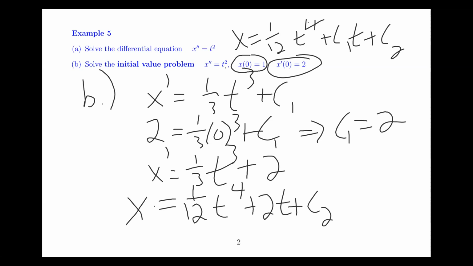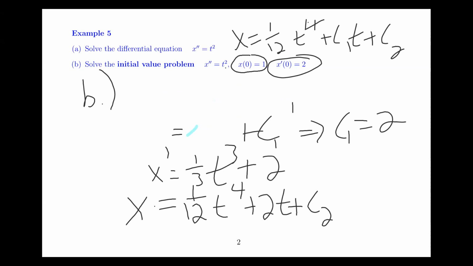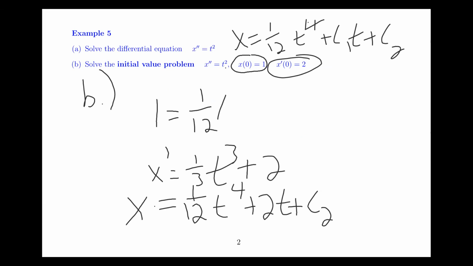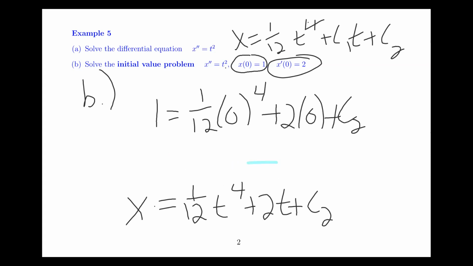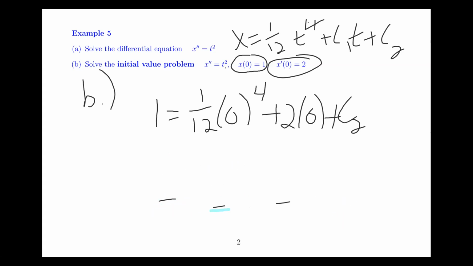So we get here that 1 is equal to 1/12 times 0 to the 4th plus 2 times 0 plus c2, which implies that c2 is equal to 1.